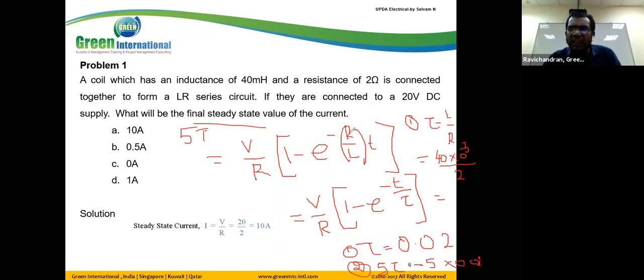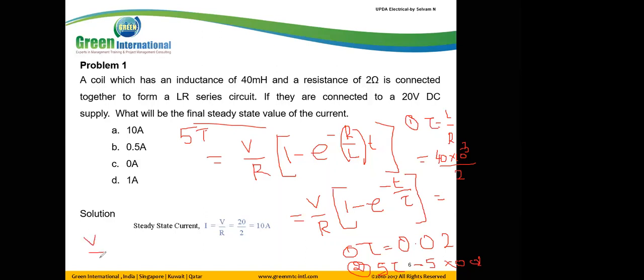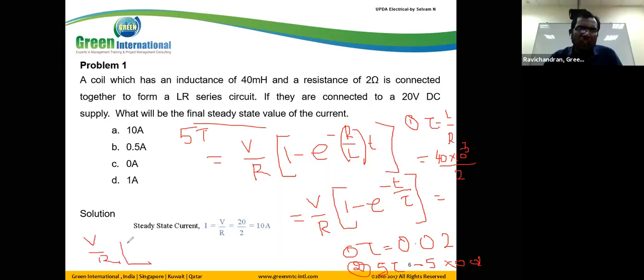We have one value. So substitute this value here. That is V by R, V by R 1 minus e to the power of minus 100. Just use the calculator, by using this we find the value.